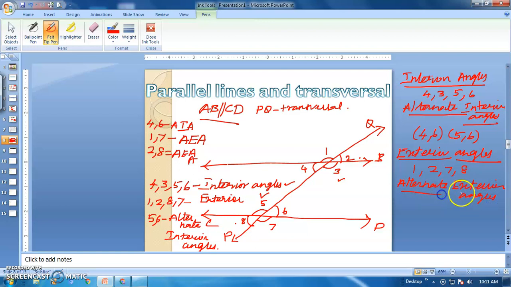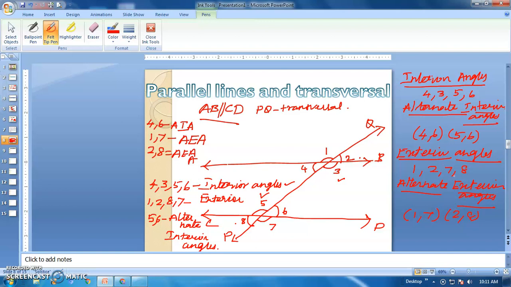So which pairs? This 1 and 7, they lie in opposite directions. So 1, 7 and 2, 8. So these are the types of angles here: alternate interior angles, exterior angles, everything.